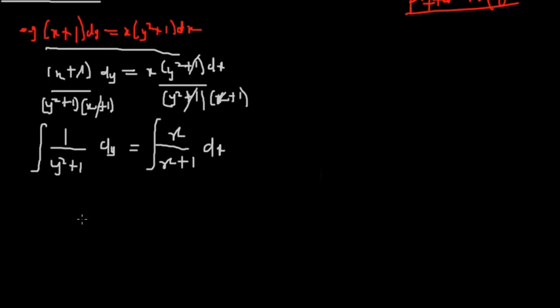So when you integrate 1 on y squared plus 1, you get tan inverse of y, plus a certain c. We could just omit this constant and do it straightforward: tan inverse of y. That's when you integrate this.